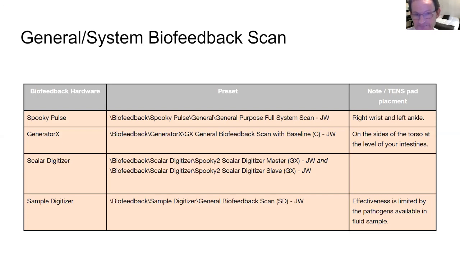As it says here, with the pulse, you scan with TENS pads, right wrist, left ankle. That's actually quite a powerful treatment in its own right. I've had a big Herxheimer reaction the first time I did a scan using Spooky Pulse and an XM generator. With Generator X, for a general scan, left and right side of the abdomen beneath your ribs.